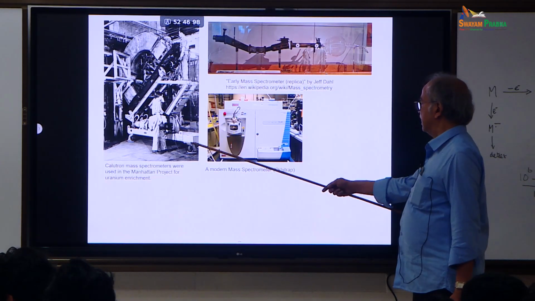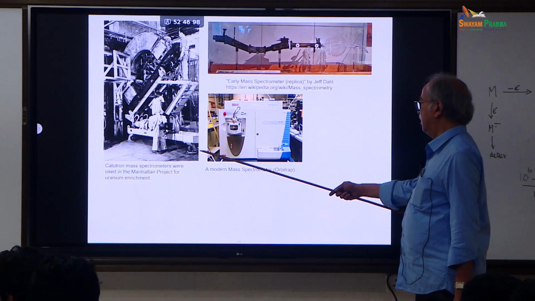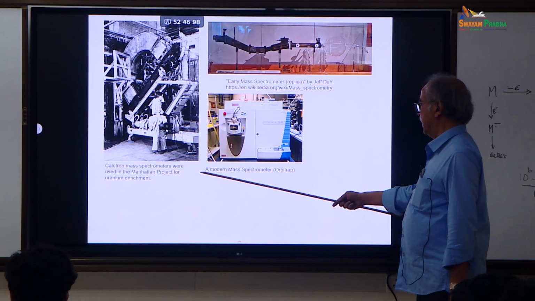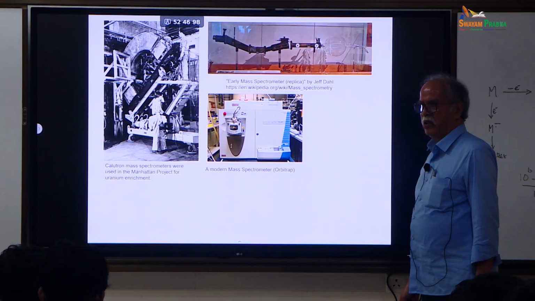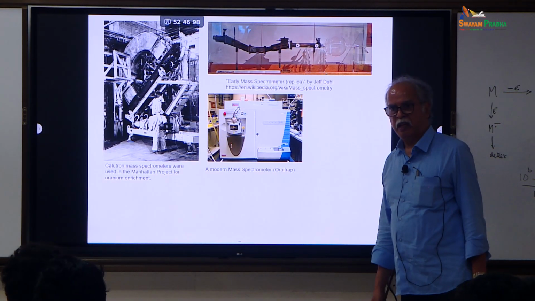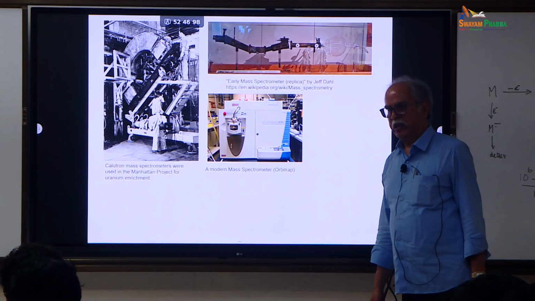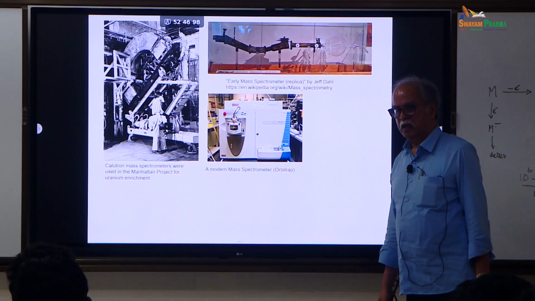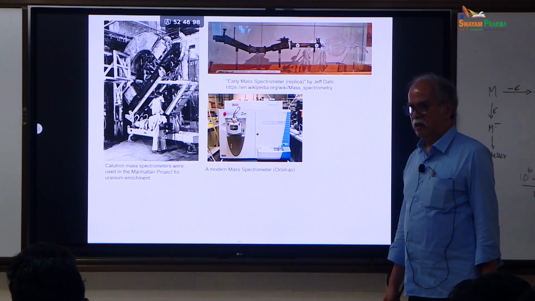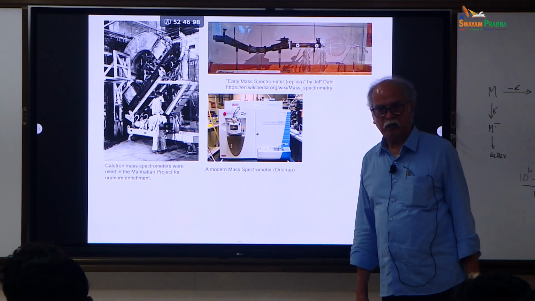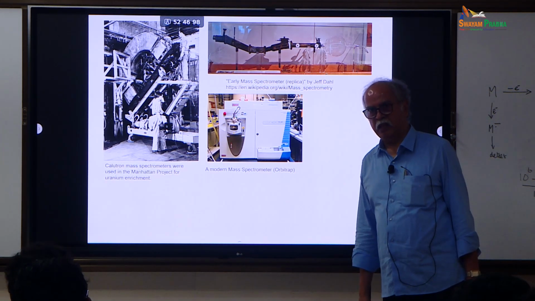Look at this picture. This is a calutron mass spectrometer used in the Manhattan project for uranium enrichment. Uranium isotopes are separated by mass spectrometry. You have uranium, what are the isotopes? 235 and 238.